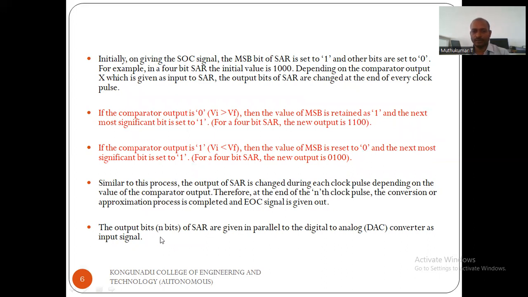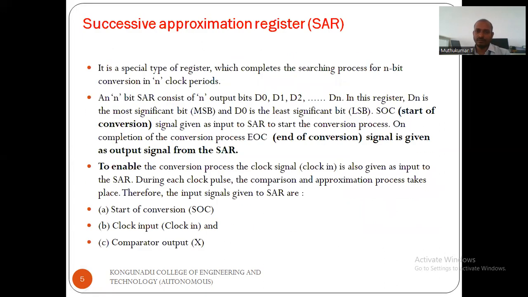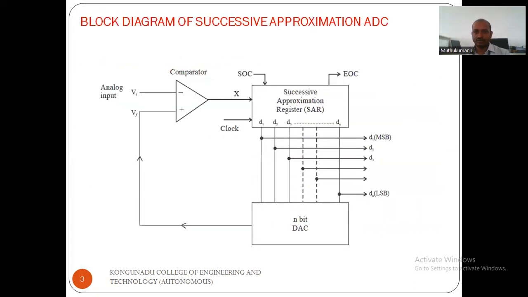The n output bits of the SAR are given in parallel to the digital to analog converter as input. So the SAR output is given to the DAC. In this analog to digital converter method, we also need a digital to analog conversion technique.